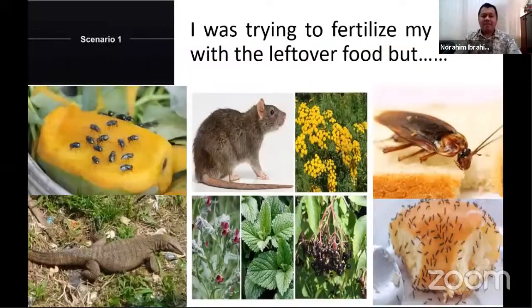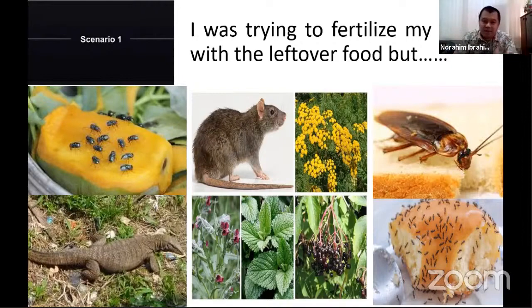Okay, scenario 1. Before we go into details, sebelum kita masuk tentang topik membuat baja, I want everyone to look at this, the first scenario here. Maybe some of us were trying to fertilize our plants, and we heard that we can fertilize our plants using food waste.